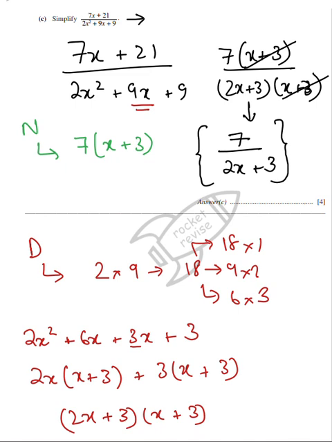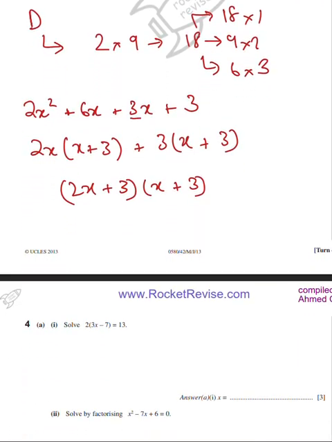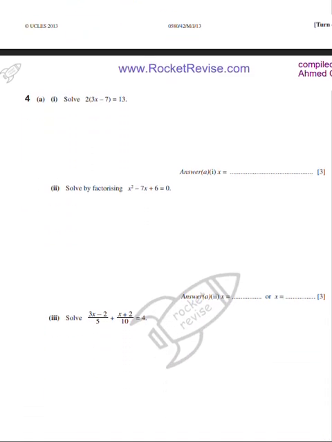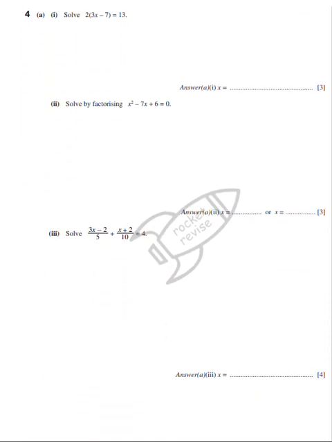Let's move forward. Easy question. Solve 2 into 3x minus 7 equals 13. Free 3 marks. Free of cost 3 marks.